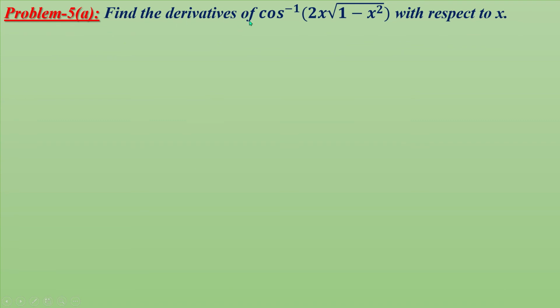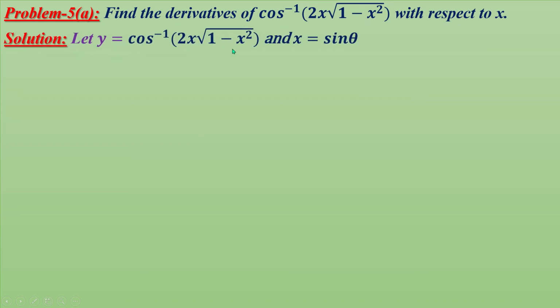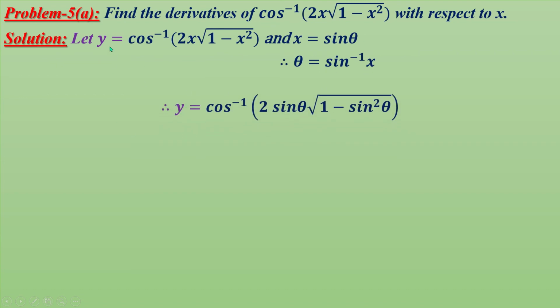Problem 5a, find the derivative of cos inverse of 2x square root over 1 minus x square with respect to x. Let y is equal to this and x is equal to sin theta, or we can let cos theta, no problem. Therefore theta is equal to sin inverse x. Now putting x equal to sin theta, we get y equal to cos inverse of 2 sin theta into square root over 1 minus sin square theta.